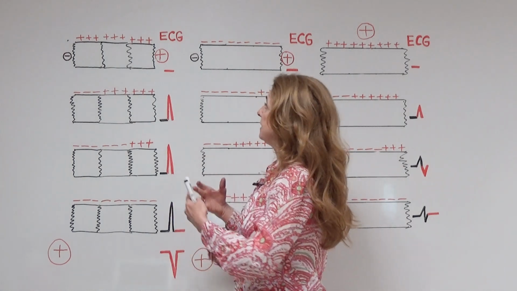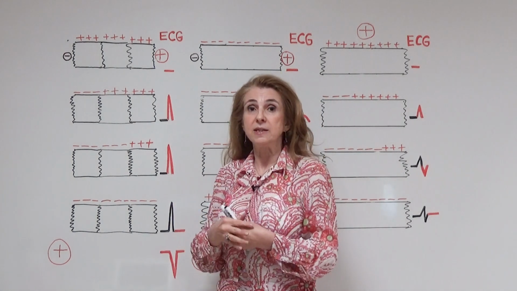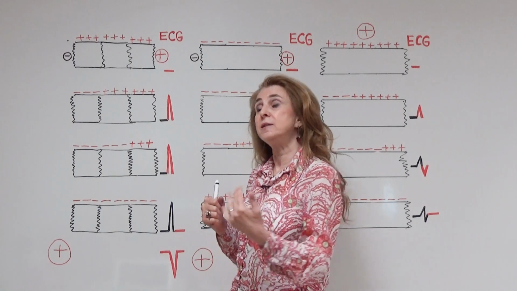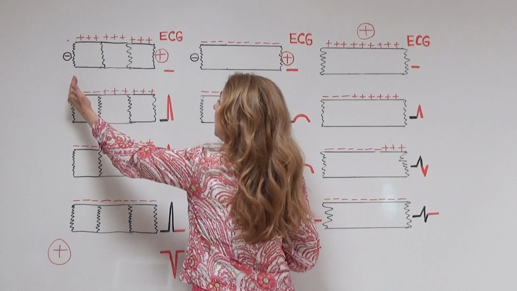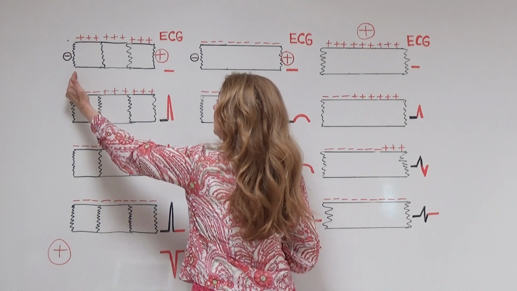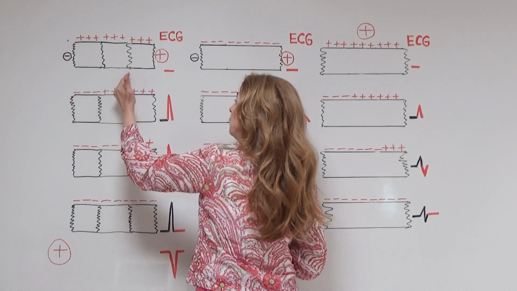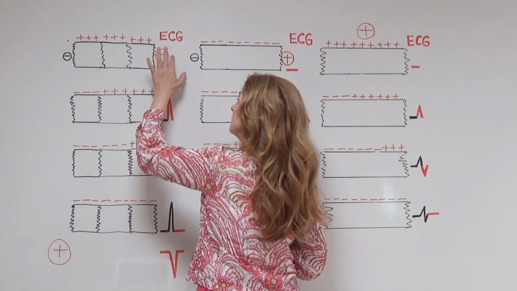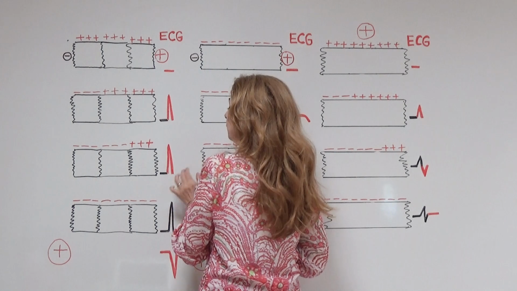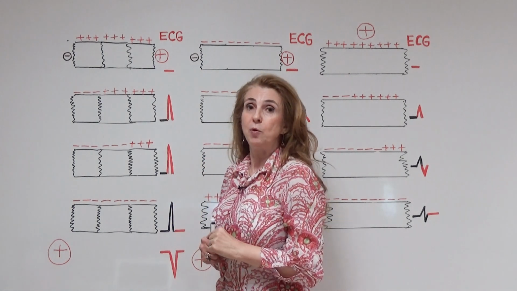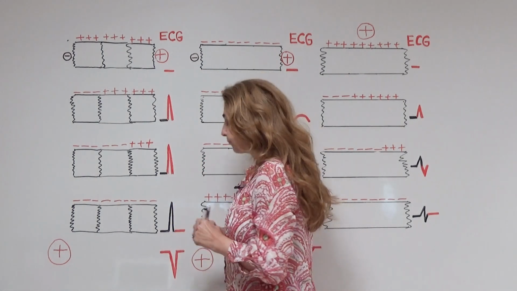To express this in some other sentences, you are going to see that this is also expressed as, if the depolarization is moving towards our positive electrode, electrocardiography is going to draw a positive wave.